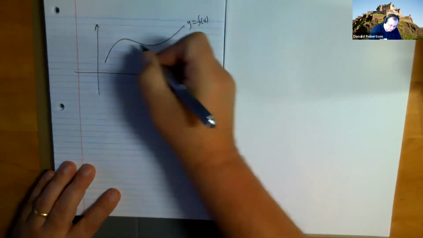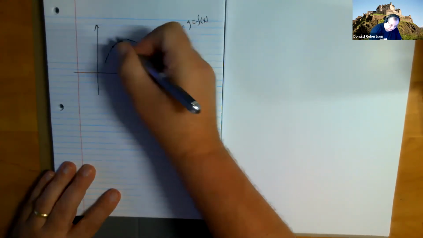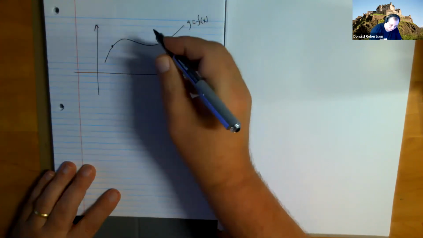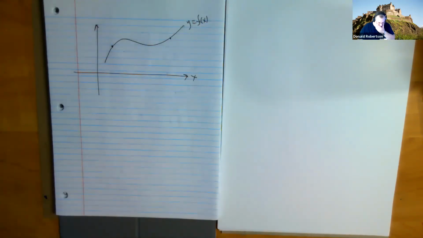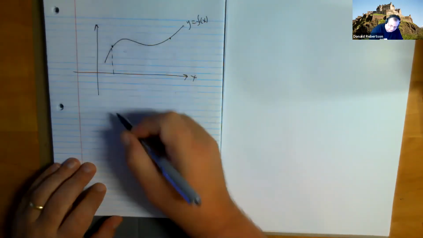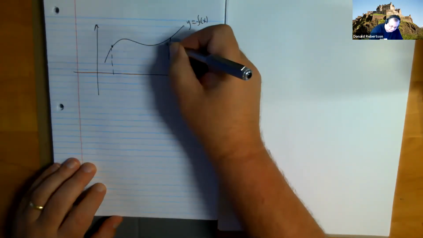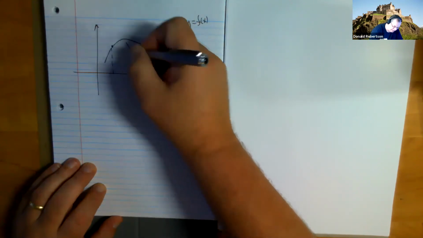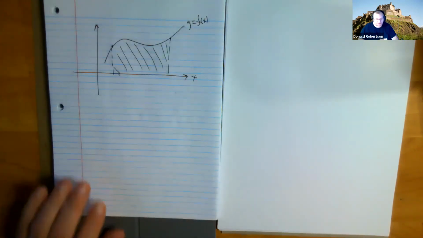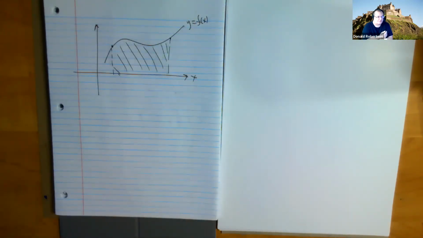The only thing that really makes them similar looking is that, what am I rotating this about? Is that you take some area and you rotate it about an axis. So that's the similar part.